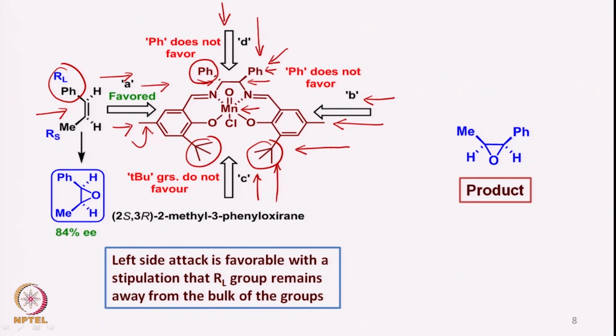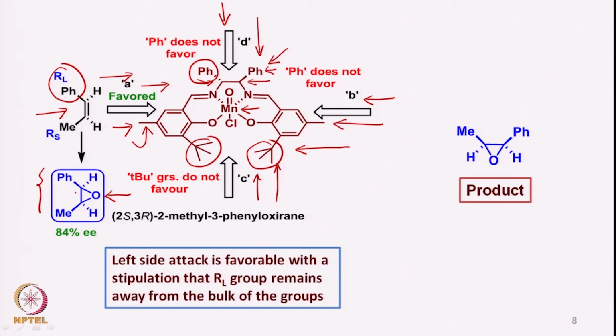And therefore, in that situation, when the epoxidation occurs into the plane of this particular blackboard or paper, we expect the epoxide geometry to be like this, where the phenyl group is on the top side and the methyl group is on the lower side of the plane, both of them pointing towards the beta side, the hydrogens pointing alpha side, and the oxygen has been transferred into the plane.